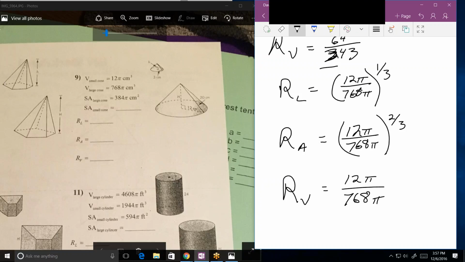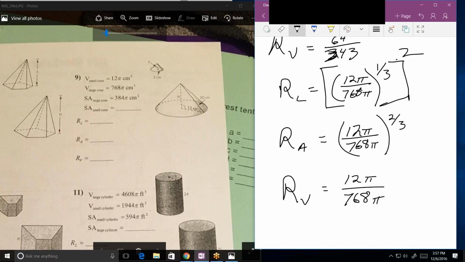When I square that, I put a 2 there. And now using the rules of exponents, you can multiply that 2 by the 1/3, and you get that to the 2/3. What this means is the cube root of this, which would give you the linear ratio, and then we're going to square it with that 2. That's going to give you the area ratio.